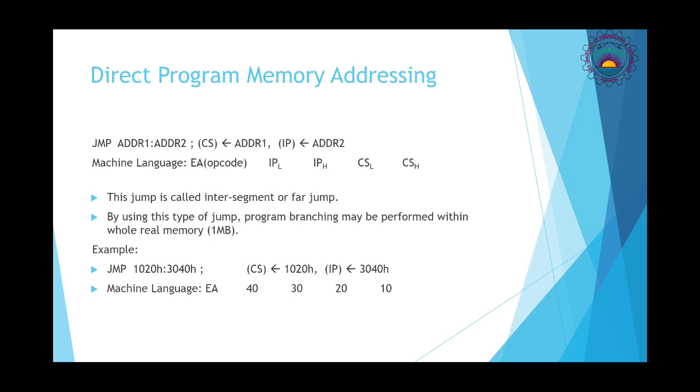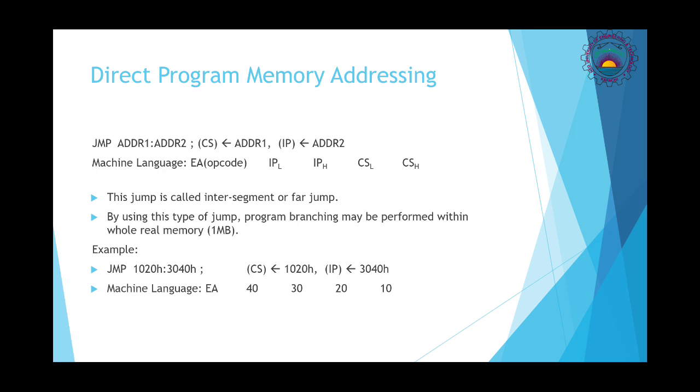According to the instruction, IP is loaded with address 2, so IP low will be address 2 lower byte and IP high will be address 2 higher byte, and CS low will be address 1 lower byte and CS high means address 1 higher byte.